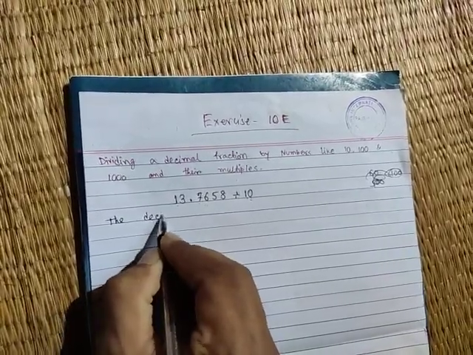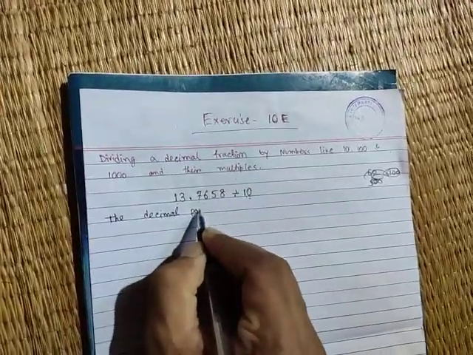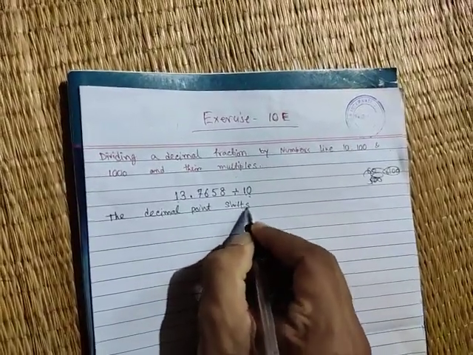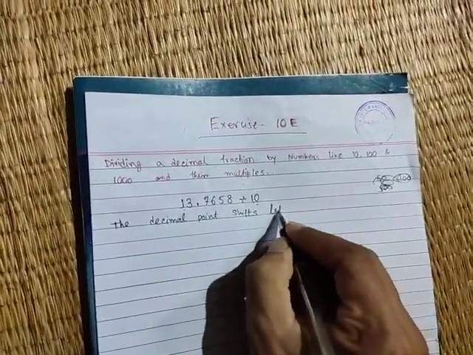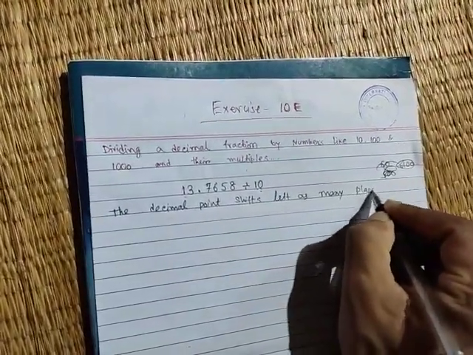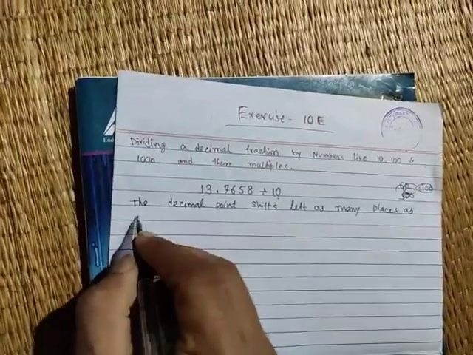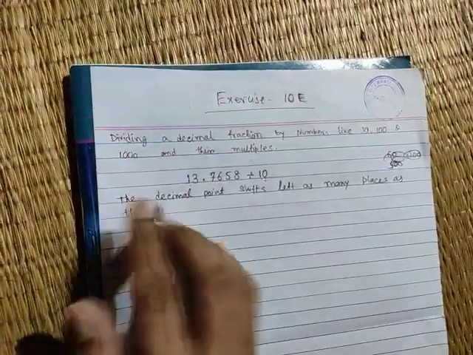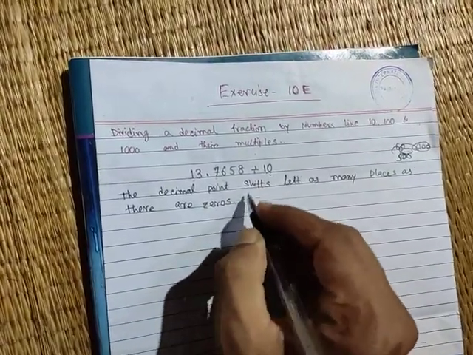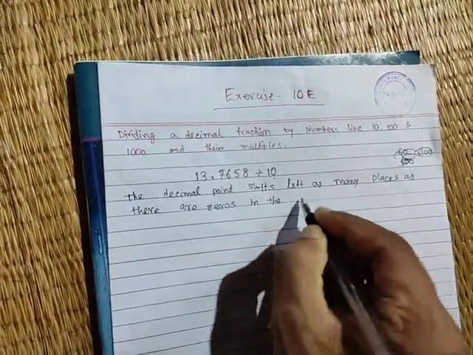The decimal point shifts left as many places as there are zeros in the divisor.